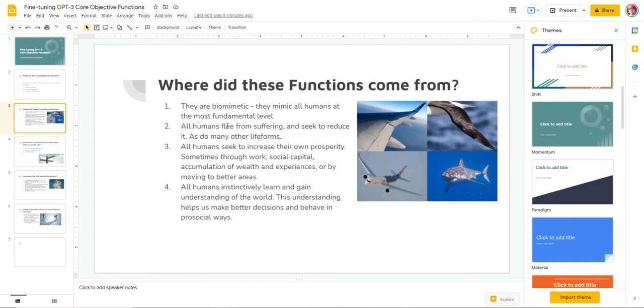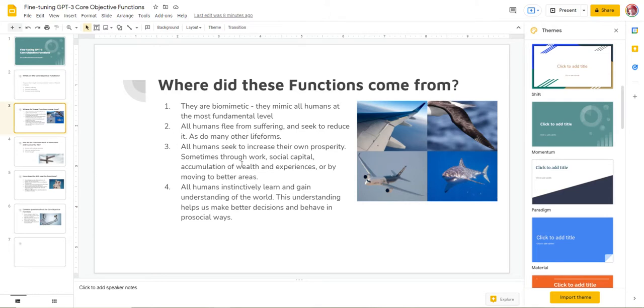Prosperity looks like a lot of different things to different people, and it took a long time to find that word, because prosperity might mean wealth, it might mean well-being, it might mean happiness. I was actually inspired by Star Trek, by Spock. The Vulcan salute is live long and prosper, right? So yeah, core objective function number 2 is increase prosperity.